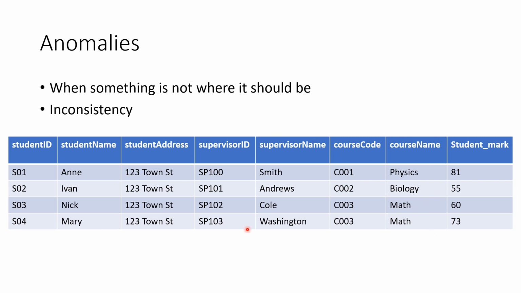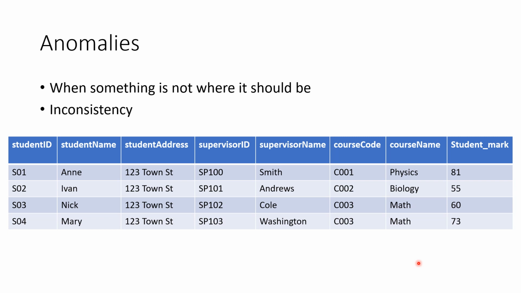For example, if this is the only database that you have and you want to insert another course code here, let's say C005 and it's a geography course, you cannot just insert course code C005 named geography without actually inserting everything else here: a student ID, a student name, and a supervisor for that course, as well as the supervisor name, as well as a student mark.